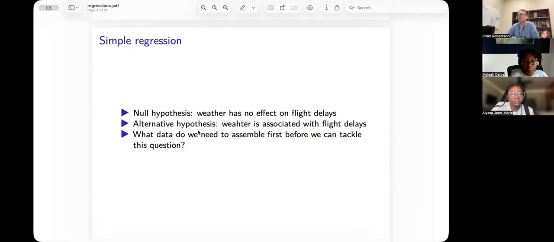We want to be able to ask a question that we can falsify, right? And so we always start with the affirmative that there is no effect on flight delays, right? So for your question, for instance, Malia, that there is no relationship between median household income and poverty rates, right? That would be your null hypothesis.